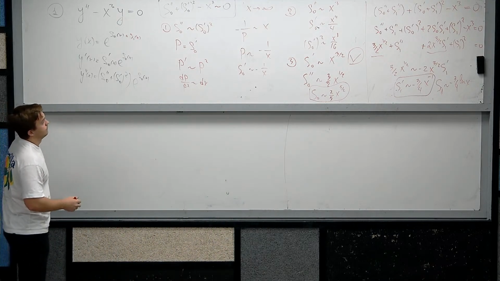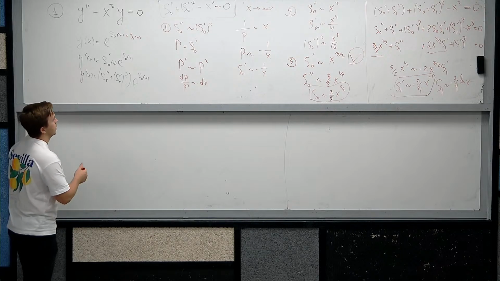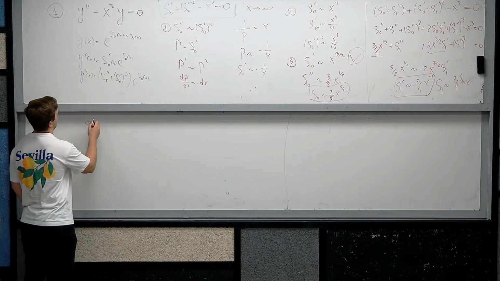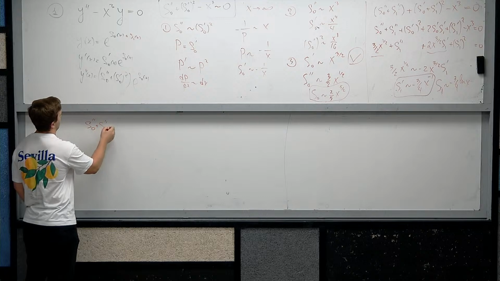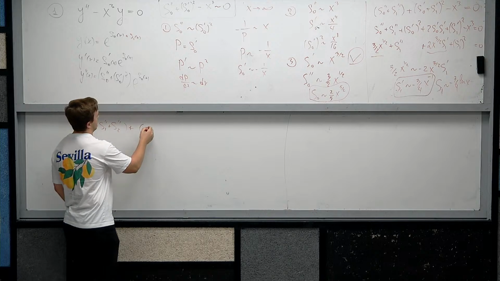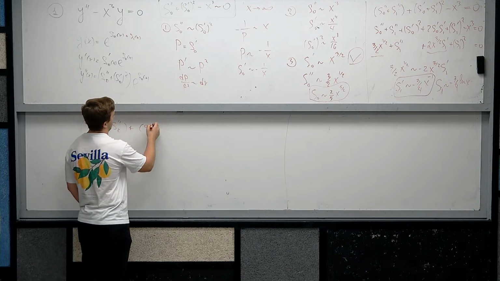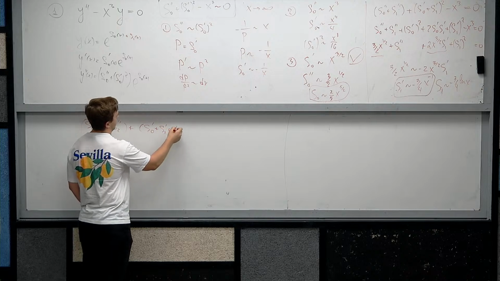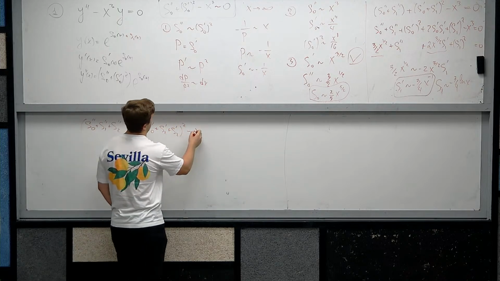Okay, let's check. So we will have S naught double prime plus S1 double prime plus S2 double prime, plus S naught prime plus S1 prime plus S2 prime squared minus x cubed.